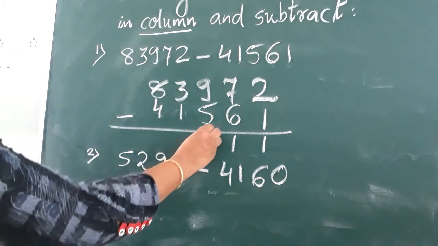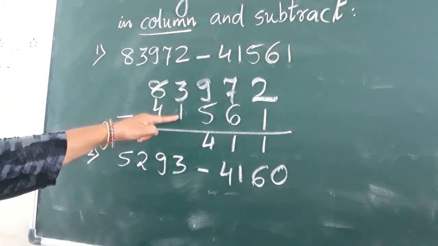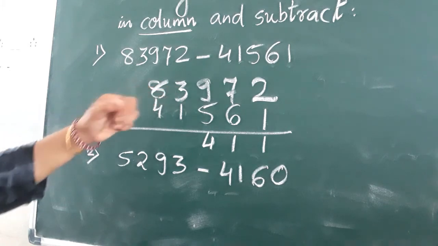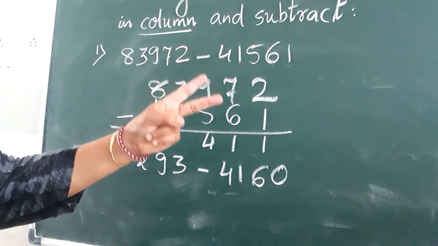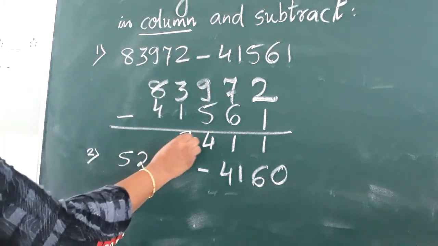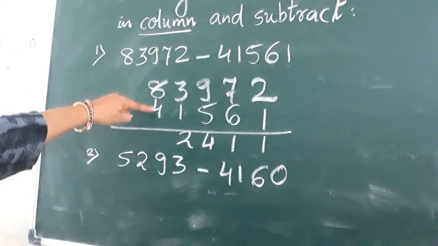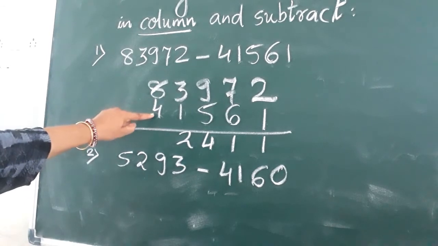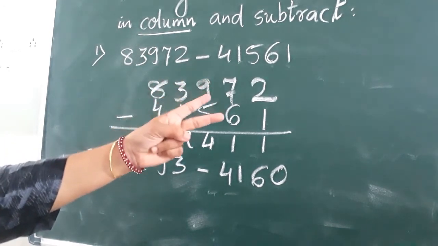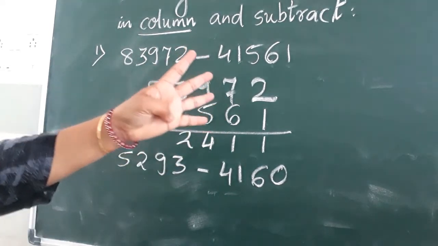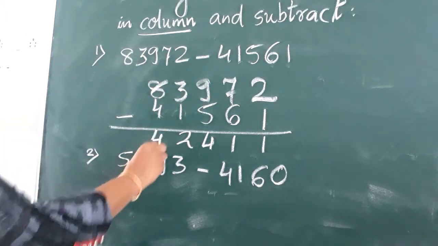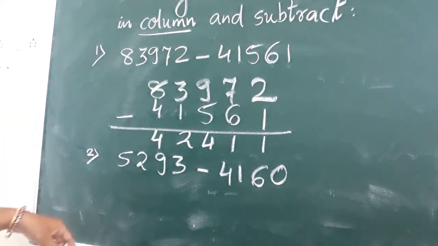So the answer is 4. Now this is 1, count up to 3. That is 2 and 3. So the answer is 2. Now this is 4, count after 4, reach up to 8. So after 4: 5, 6, 7, 8. So this is 4. Okay, let's solve the next question.